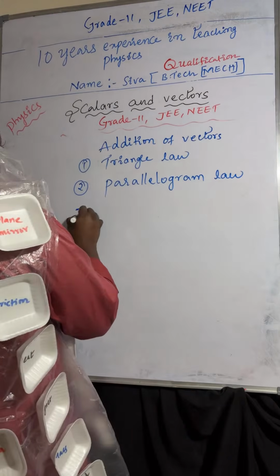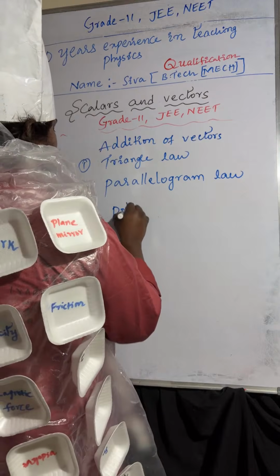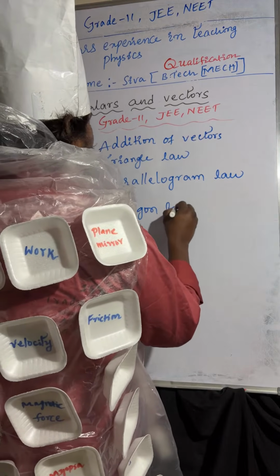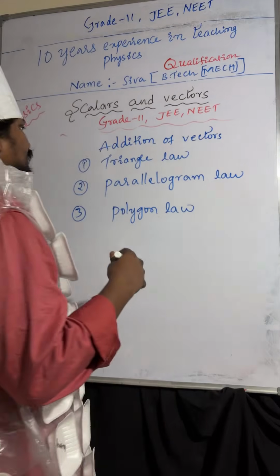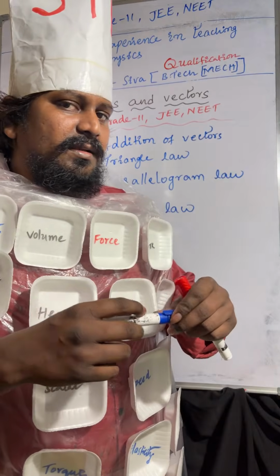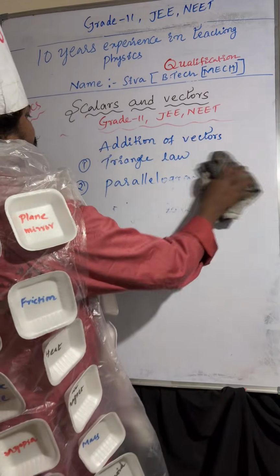And the third one is the polygon law of vectors. Understood? We will discuss the triangle law, polygon law and parallelogram law. All those things we'll discuss. Let's start.